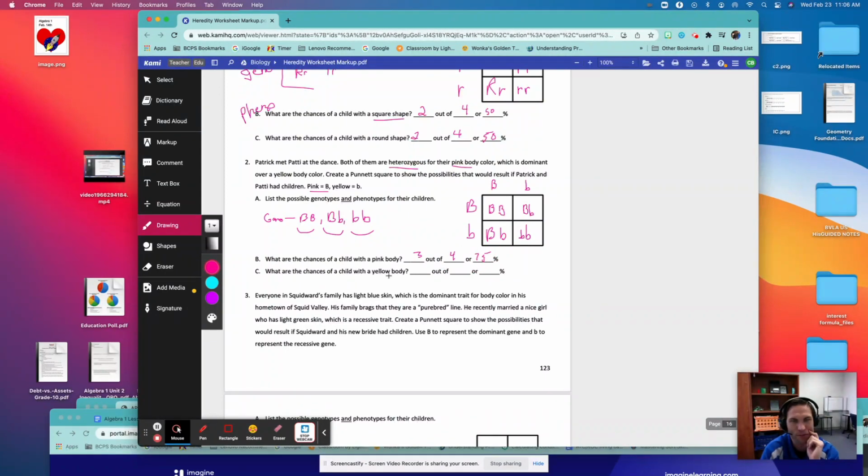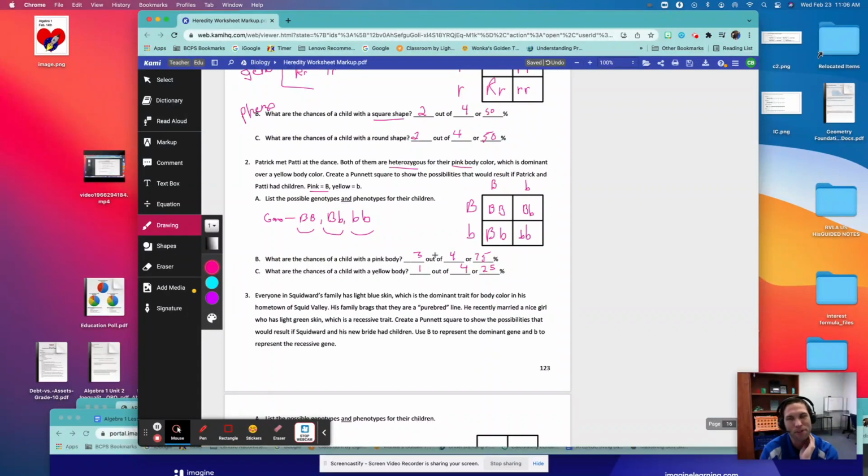And what are the chances of the child with a yellow body? Well, this double recessive, homozygous recessive right here, does not have the large gene that would express itself, and so it would be 1/4. Now look, if you use 3 out of the 4, then the other one has to be 1 out of 4, right? Or 25%, right? Okay, so that's how to do a Punnett square and how to use it.